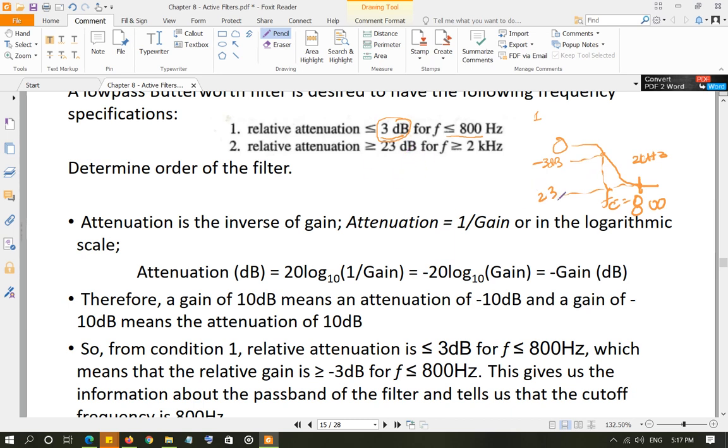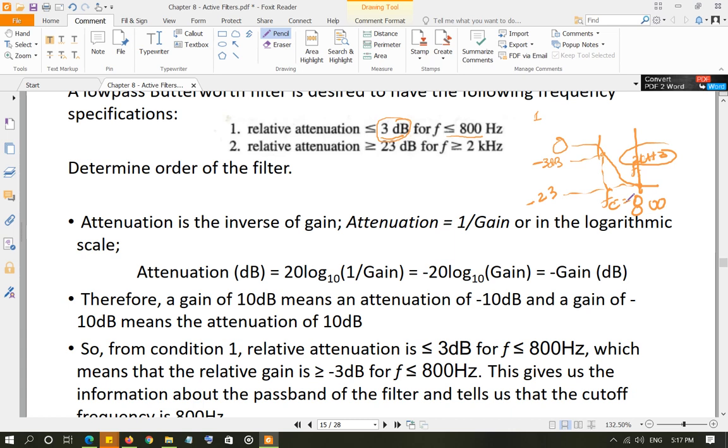In other words, the gain at 2 kilohertz is negative 23 decibel, and as you go beyond 2 kilohertz, the gain starts dropping below negative 23 decibel. So basically this is your stop frequency that is given to you. FC is 800 hertz and f stop is 2 kilohertz, and in between is the transition band right here.